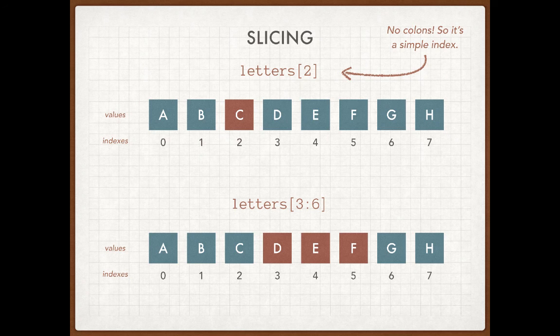So I get indexes 3 and 4 and 5. So in this case, what I get is a tiny new list of 3 elements that starts D and E and F. I am slicing from element 3 up to but not including element 6, one at a time.